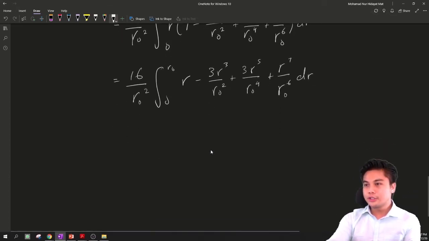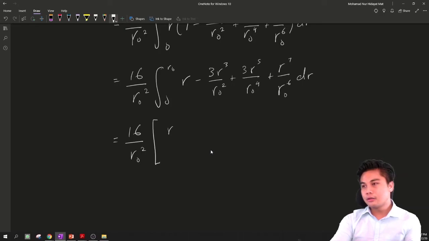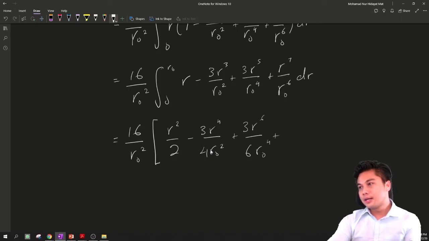So you integrate this one, and definitely you will get 16 over r naught squared times r squared over 2 minus 3r to the power of 4 over 4r naught squared plus 3r to the power of 6 over 6r naught to the power of 4 plus r to the power of 8 over 8 r naught to the power of 6, from 0 to r naught.